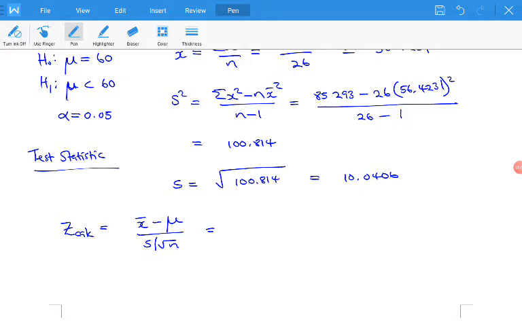So this is equal to 56.4231 minus 60 all over 10.0406 divided by root 26. This gives us negative 1.82.